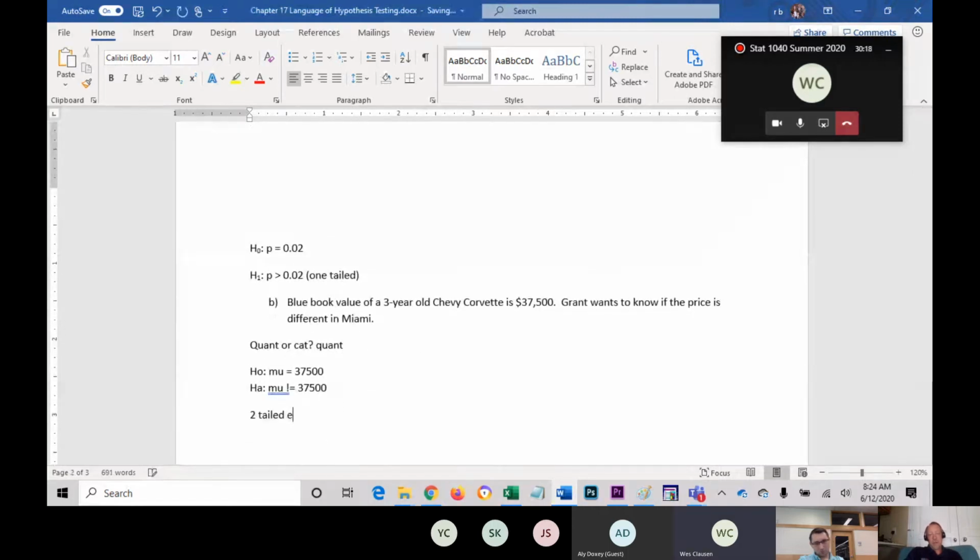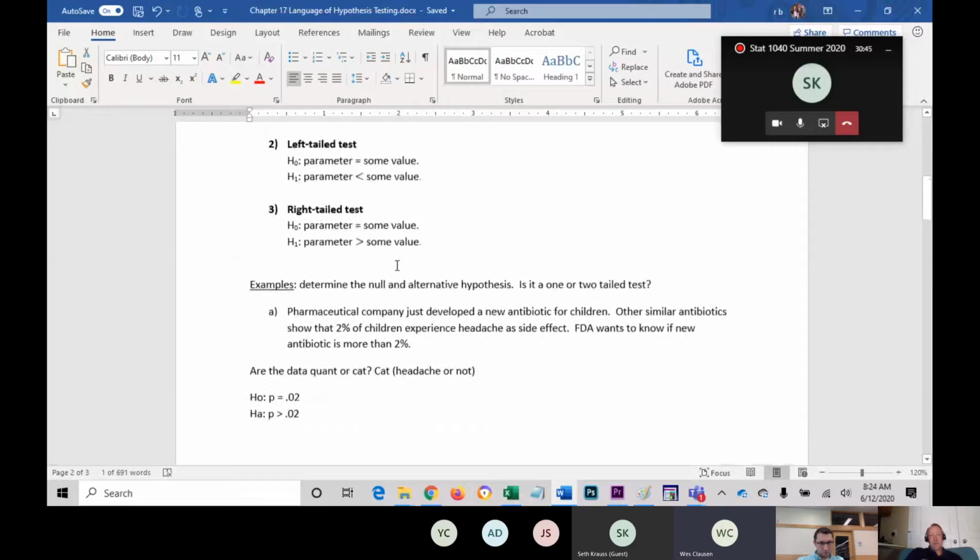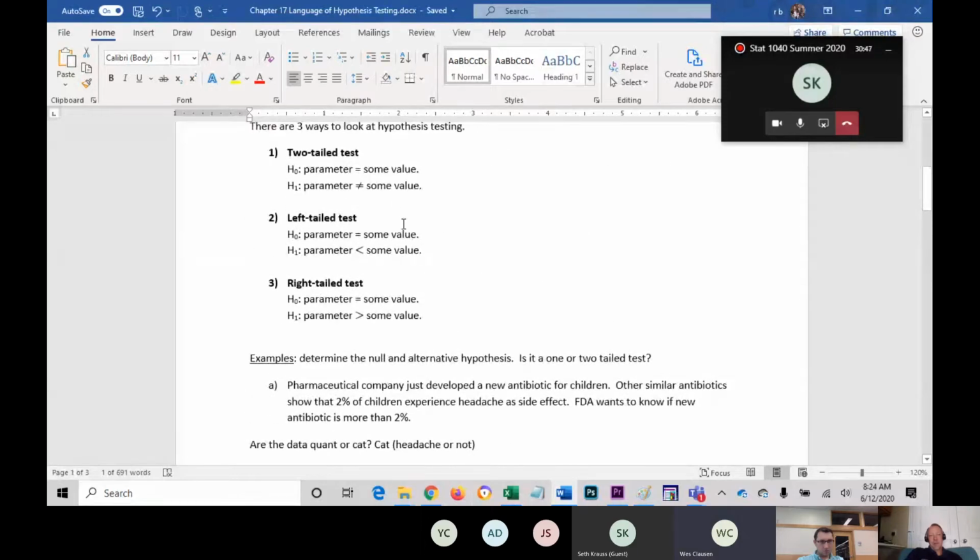Okay. Anybody agree or disagree with Wes? Seth, what do you think? Do you agree or disagree? I agree, but could you explain how it's a two-tailed test? It's a two-tailed test because we use not equals here. So yeah, that's why I put that up there. Okay, two-tailed test.